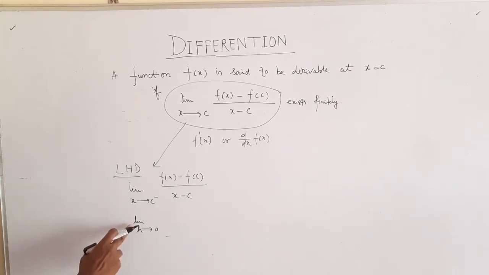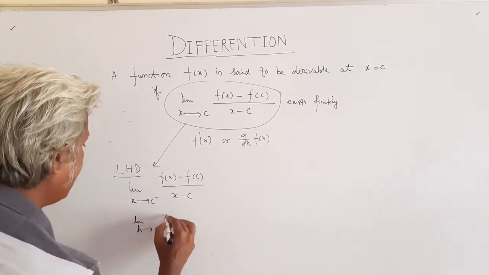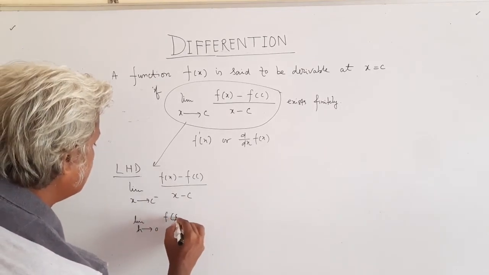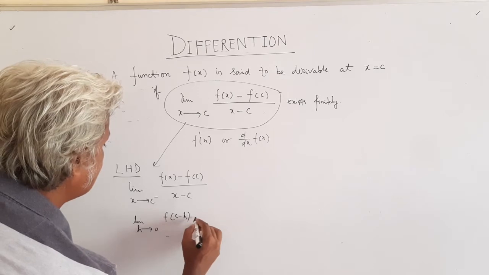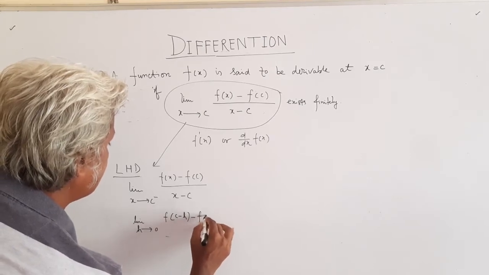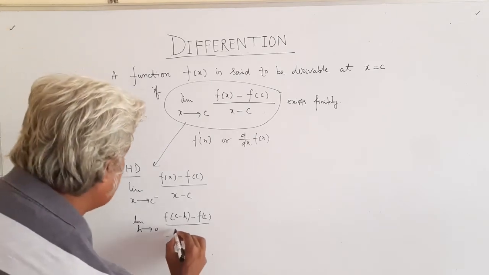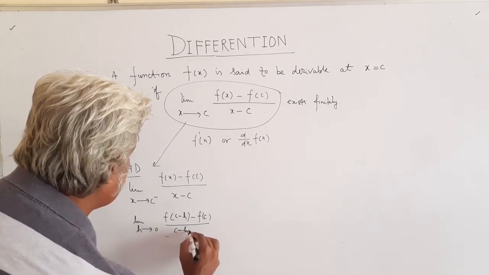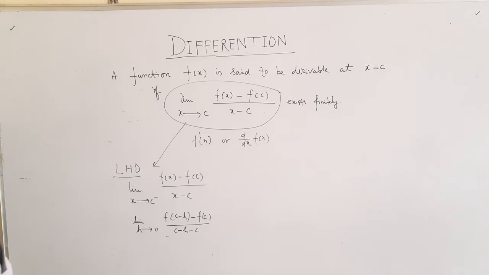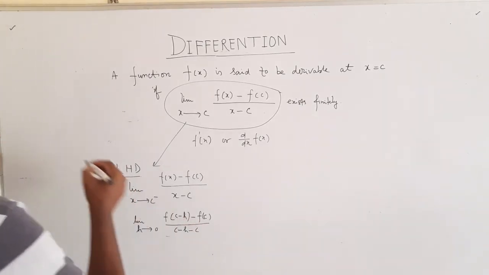So we make limit h tends to 0 in place of x tends to c, and there you write f(c minus h) minus f(c) over (c minus h) minus c. It means we are writing x as c minus h.